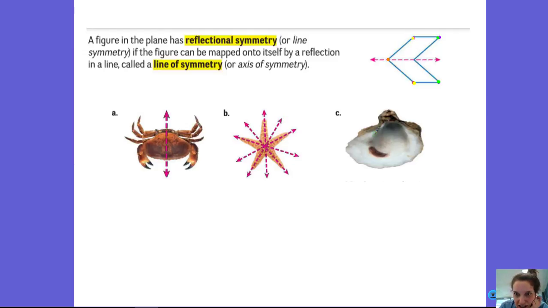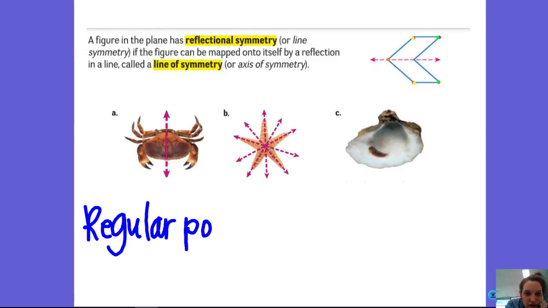But this random shell does not have a line of symmetry, because it's not balanced on either side. If I cut it in half the long way, hot dog style or hamburger style, it's not going to map onto itself.